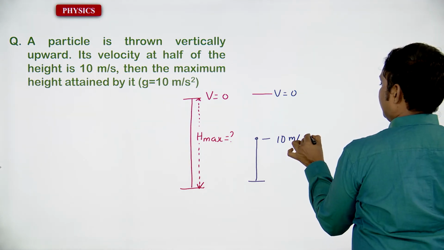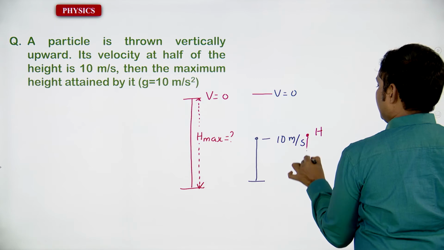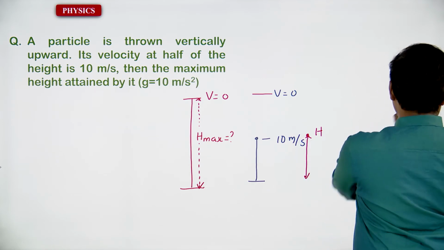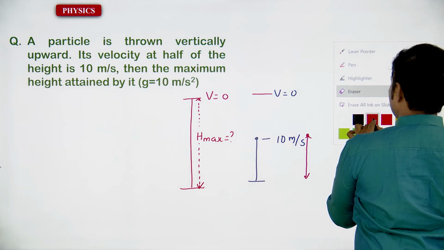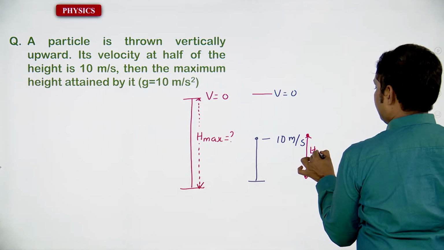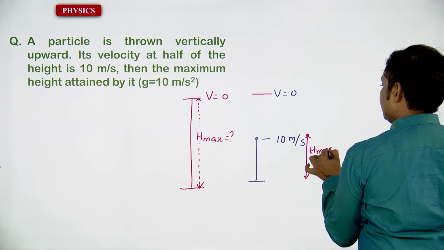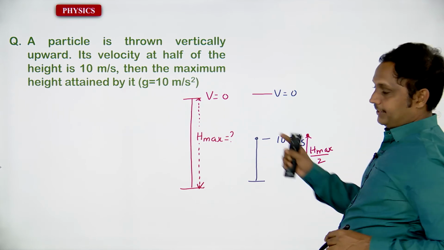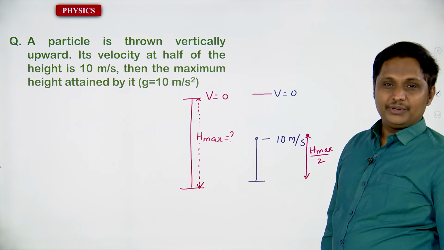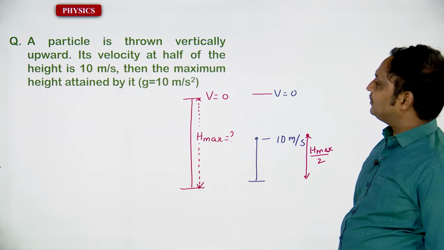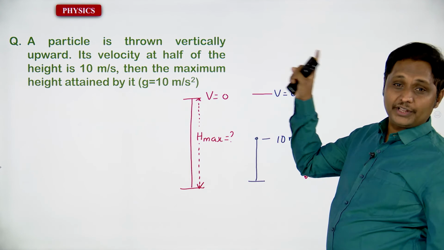Yes, you have to find out that this point is going to be h maximum by 2. All right, it's very clear. Okay, what you have to find out? You have to find out the maximum height attained by that body.